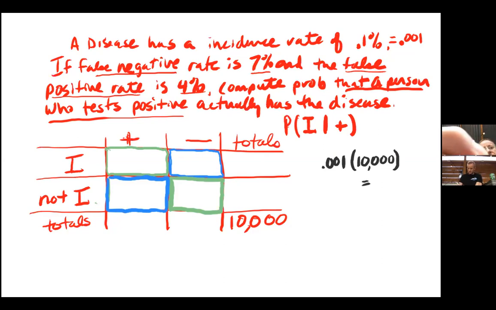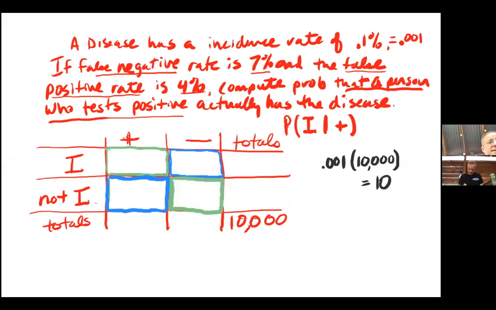Well, where's my calculator? It's actually going to come out to 10. So in other words, 10 people out of 10,000 at a 0.1% would have the disease. And then that means the other, if I subtract from 10,000, 9,990 people out of that 10,000 would not have the infection. Okay, so I want to get those laid out first. So that's kind of our first step.